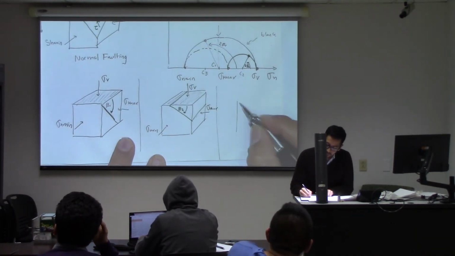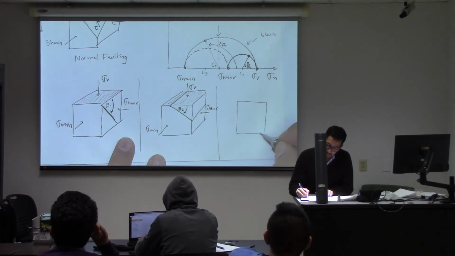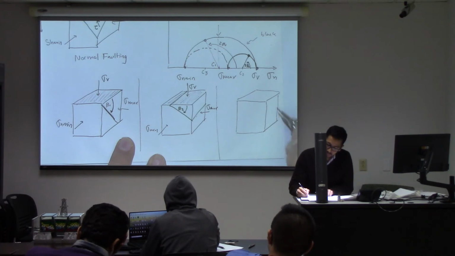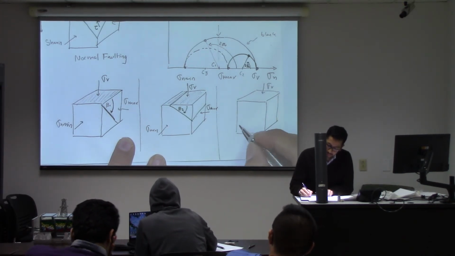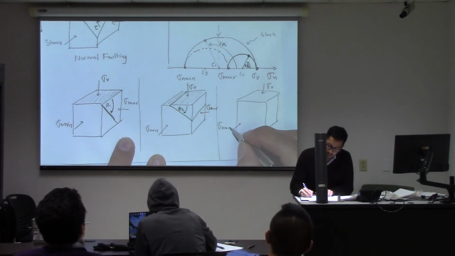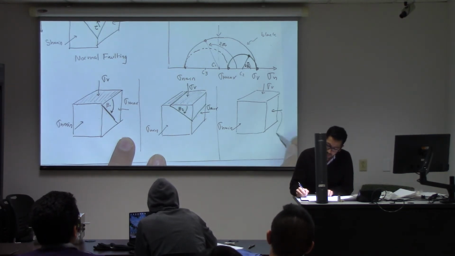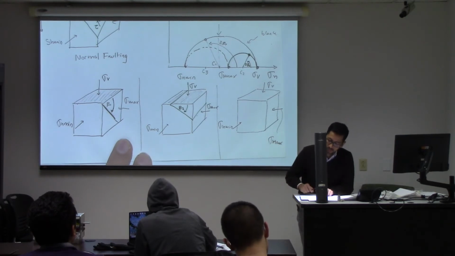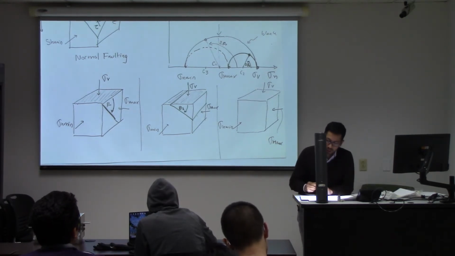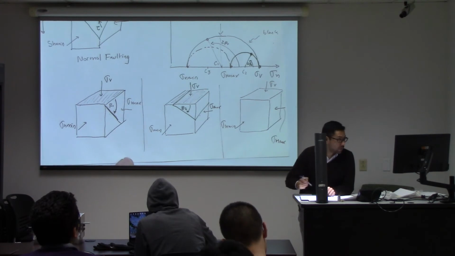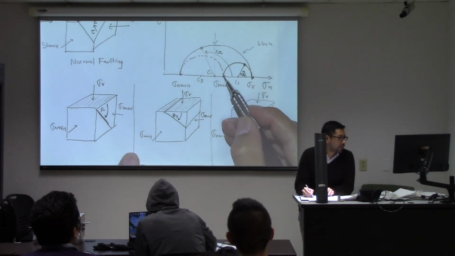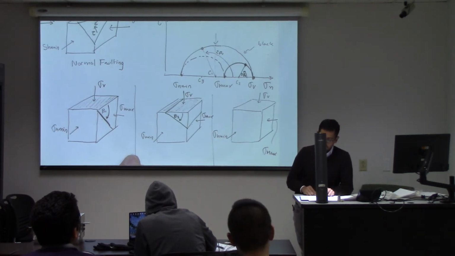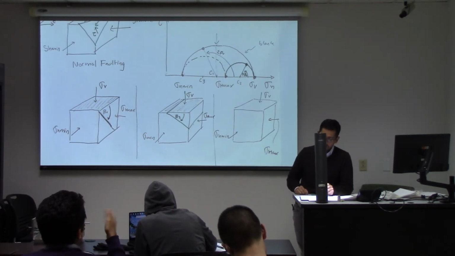And the last one, sigma v, sigma h min, sigma h max, is going to be a circle that goes from sigma h max to sigma h min, right? So now from which plane should I start measuring the angle?